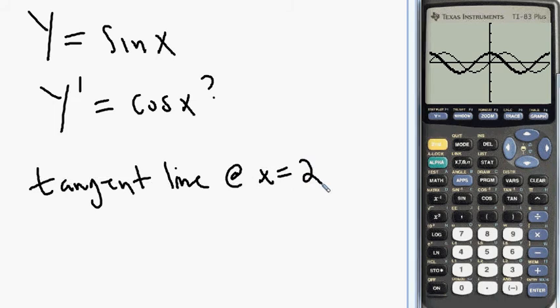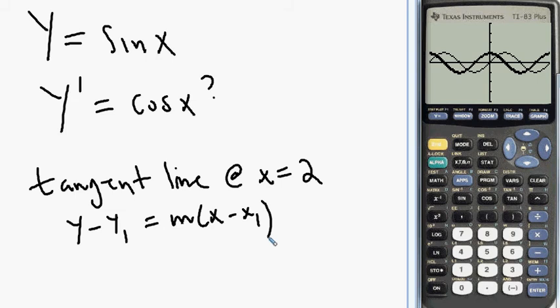In order to do that, we're going to use the point slope form. y minus y1 equals m times x minus x1. Okay? x1 is obviously 2. We're going to draw this tangent to the sine curve. So we want it on the sine function. So y1 is going to be sine of 2.